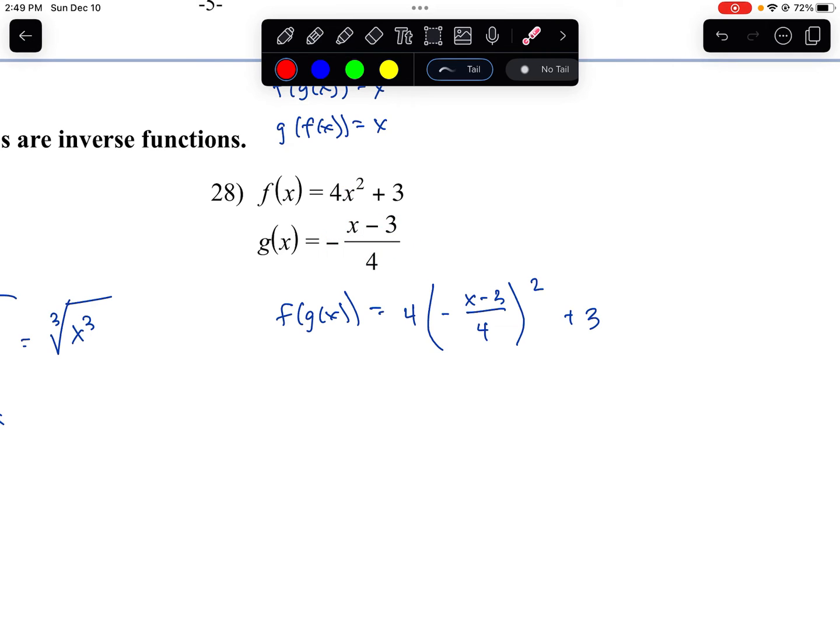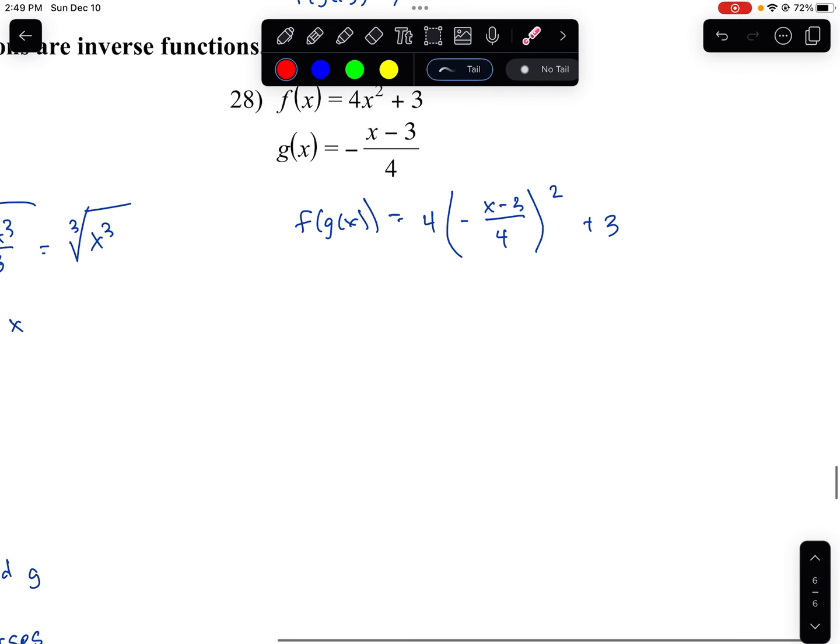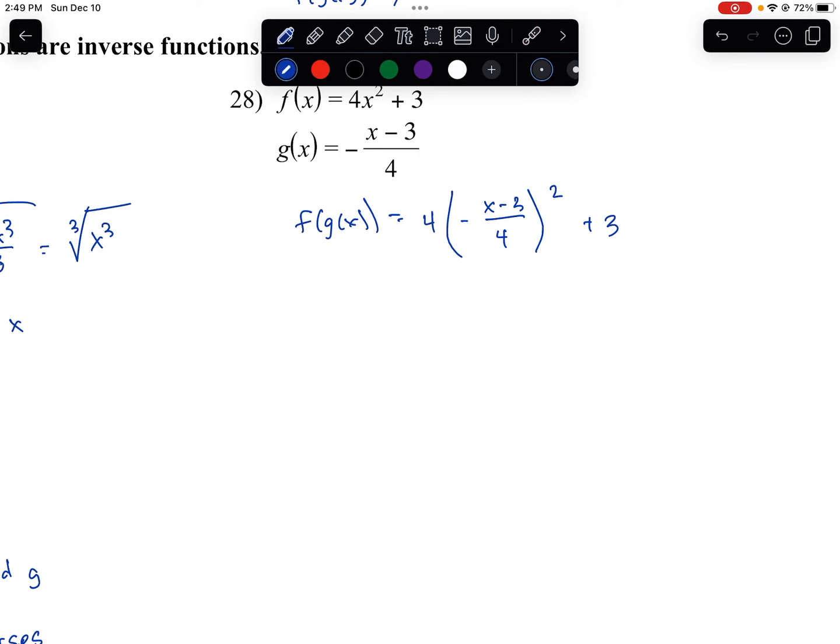Now, we really don't have to go far here. The 4s can't cancel, the 3s can't cancel, but it doesn't matter anyways, because this squared will not cancel with anything inside here. Over here, the cubed and the cube root would cancel, but we don't have that here, which basically just means that this will not equal x.